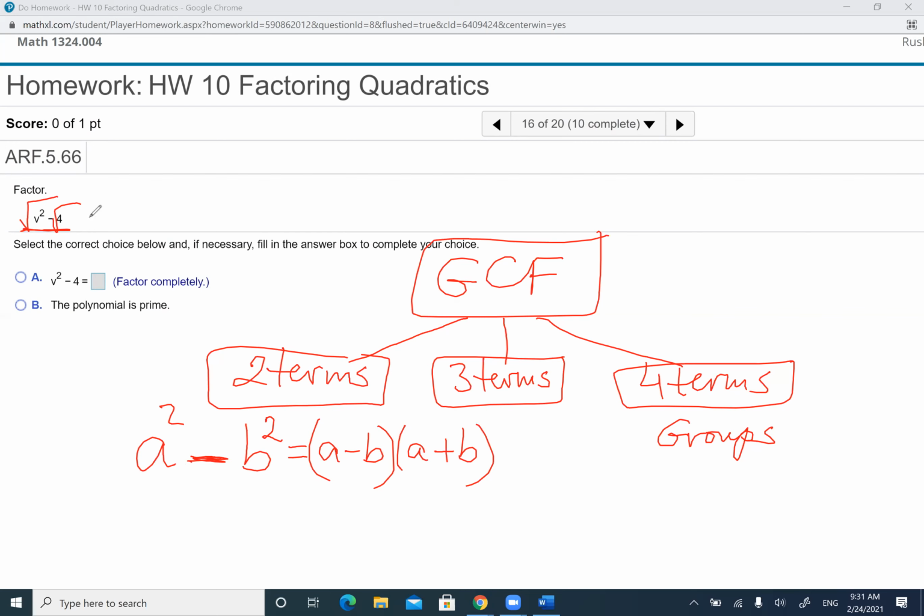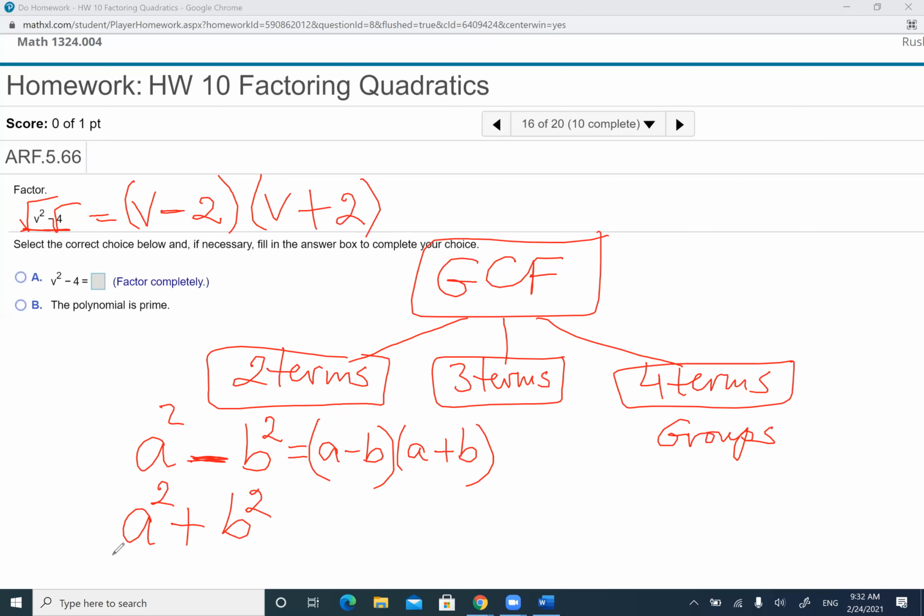So what is the square root of v square? It's v, right? So I'm going to put v minus the square root of 4, which is 2. So it's going to be v minus 2 and v plus 2 with opposite signs. And that's my answer. Now, what happens if I have plus in the middle?